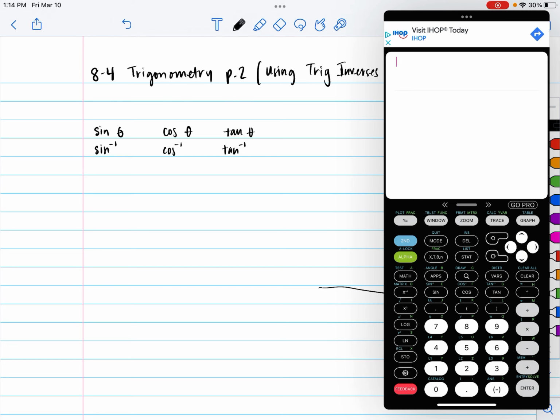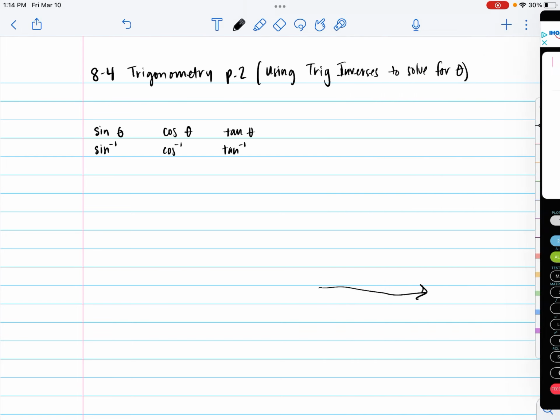And you could repeat this for cosine, hit second cosine, and that's inverse cosine. And then second tangent gives you inverse tangent. So that's how we're going to use this today. So give that a shot on your calculator, figure out how to use it before you move on in this lesson. So once you have that figured out, we could actually work with it.